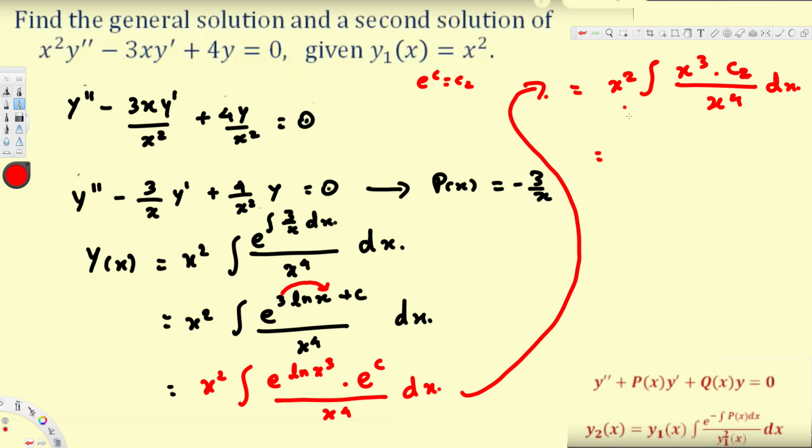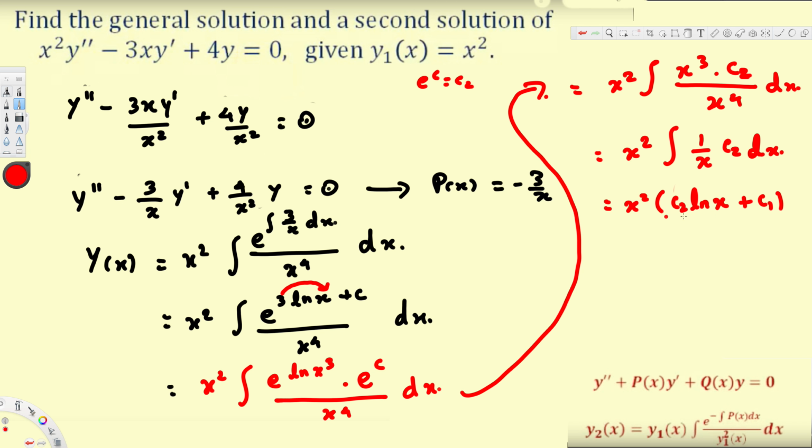Now we can simplify further: x squared times the integral of c2 over x dx, and c2 is a constant. If we integrate this, that's going to be ln of x. So x squared times c2 ln of x, because c2 is a constant, and we are going to have another constant, let's say that is c1.